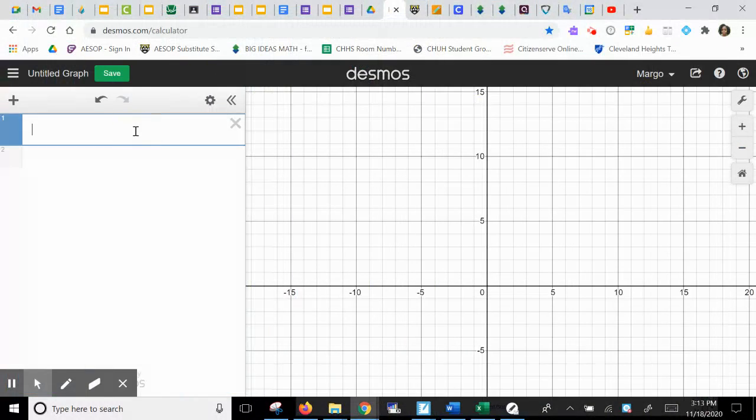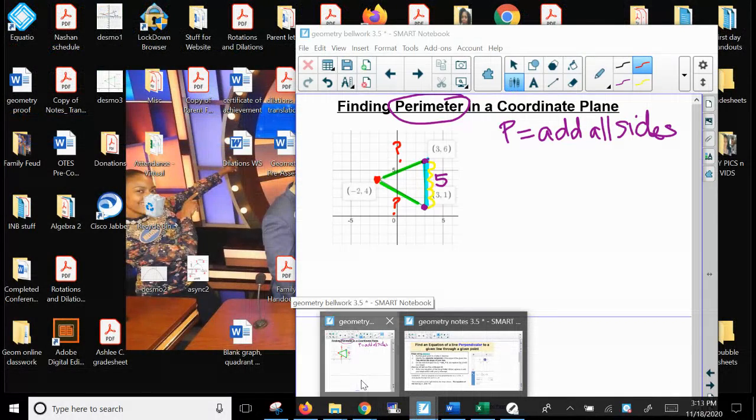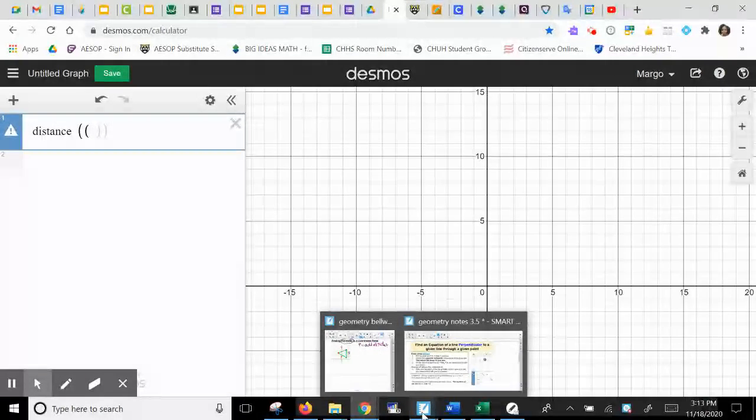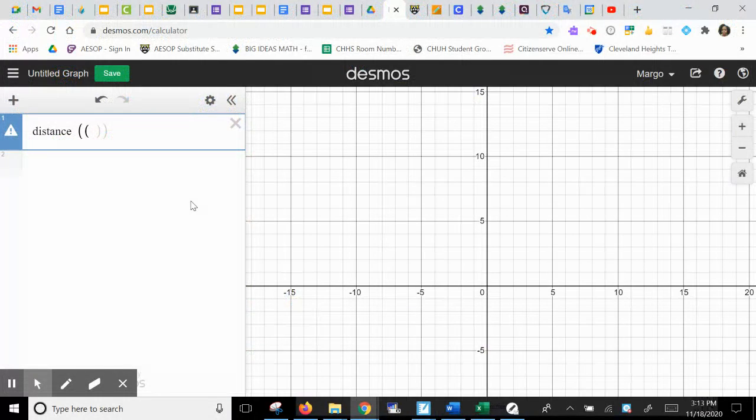So right here in Desmos, first type the word distance. Then I need a double parenthesis. And then I'm going to enter each point. So my points are (-2, 4) and (3, 6). (-2, 4), close parentheses, comma, new parentheses, (3, 6).